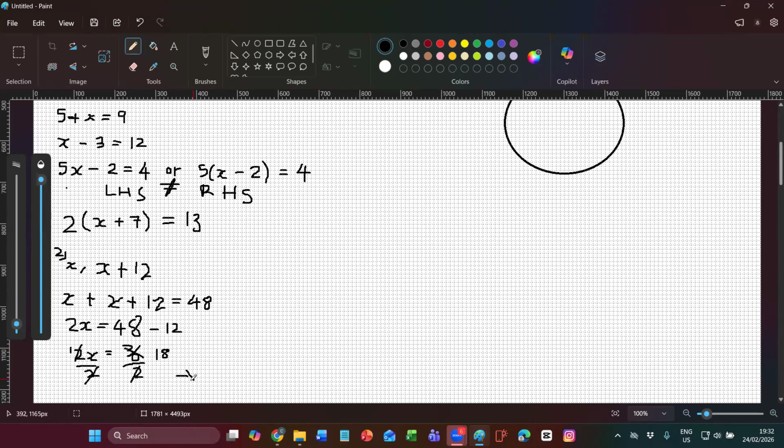So this implies that x equals 18. Okay, nice. Well solved.